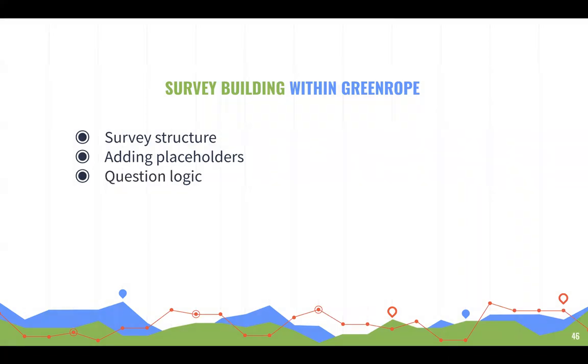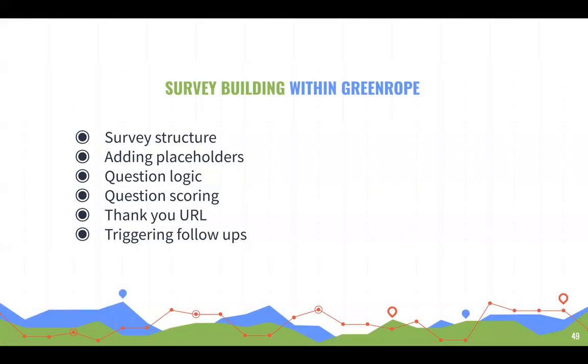Question logic, so moving the contact to different questions based on their previous responses. You can also score the questions and give your survey a range, customizing it that way. We'll walk through that in the system. Adding a custom thank you URL based on the scores that they got. And then triggering the follow-ups throughout the survey as well, based on their information.